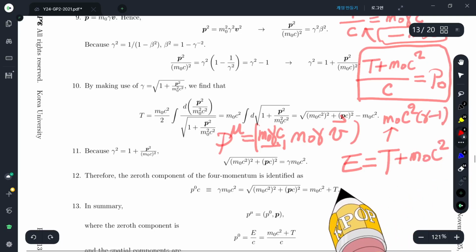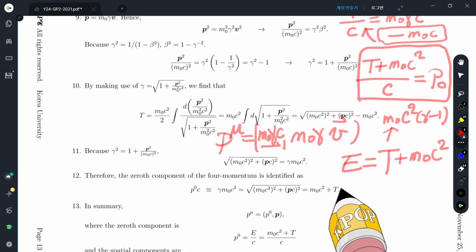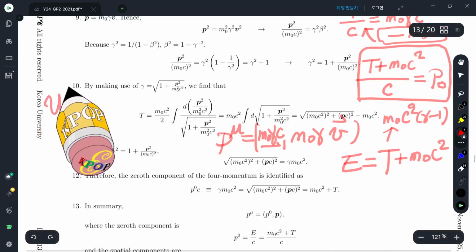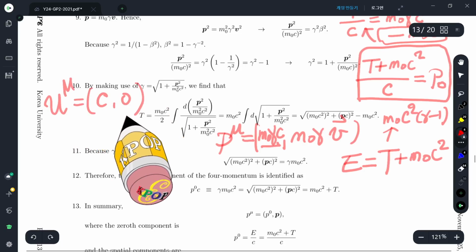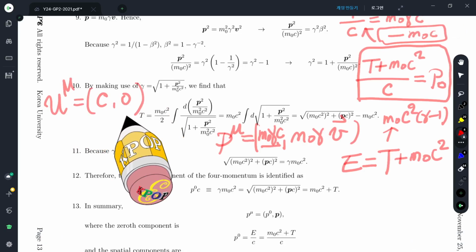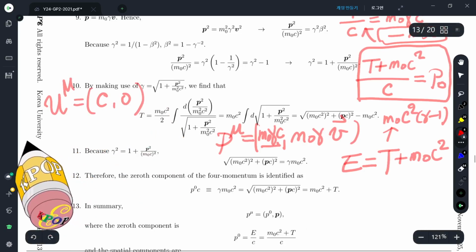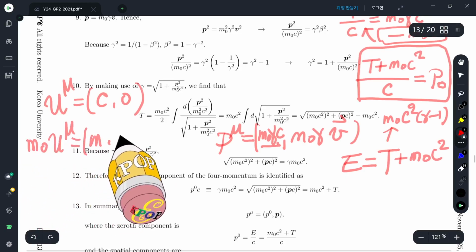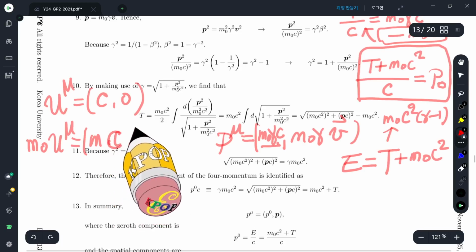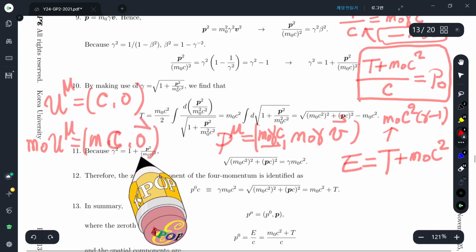What happens if a particle is not moving at all? If the particle is not moving at all, we recall that the four-velocity u mu is c times the time unit vector. If I multiply by the rest mass, m0 u mu equals m0 c times that vector.